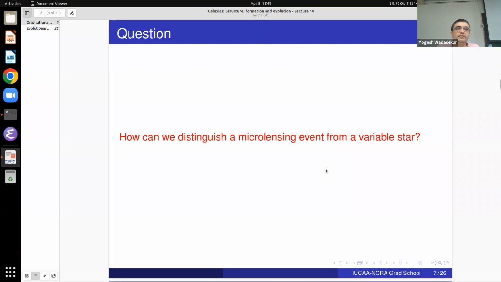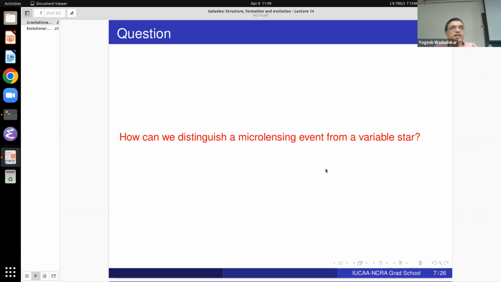Okay. So now the question is, how can we distinguish a microlensing event from a variable star? Exactly what you asked: how do we know that this is a lensing event? Yes, it could be periodic. In this case, it will be a single event, even if the variable star is aperiodic.